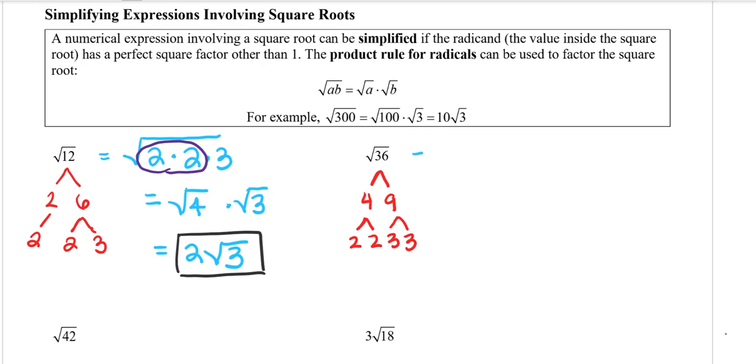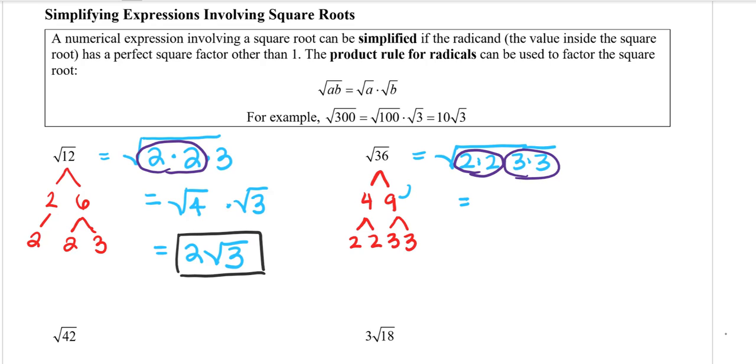So the square root of 36 equals the square root of 2 times 2 times 3 times 3. 2 times 2, that's a perfect square. But 3 times 3 is also a perfect square. So notice there's nothing I didn't circle. 36 is completely made up of perfect squares.